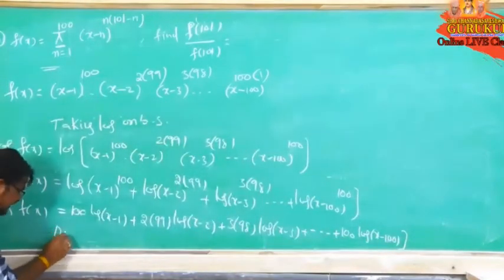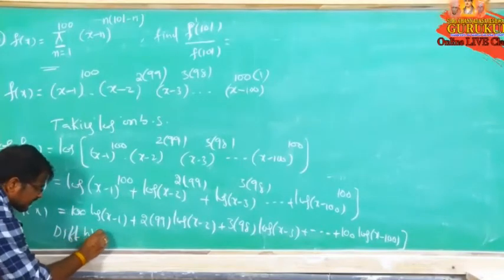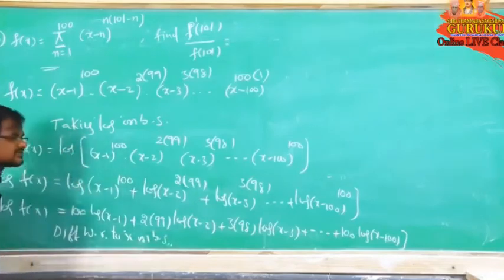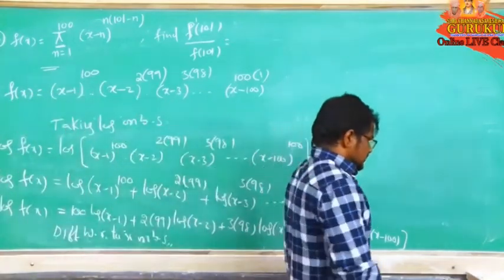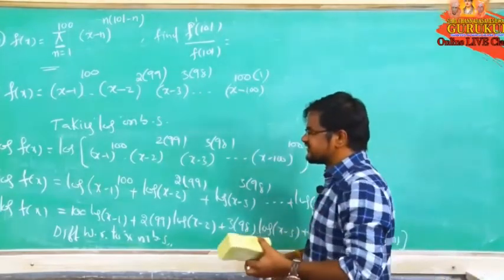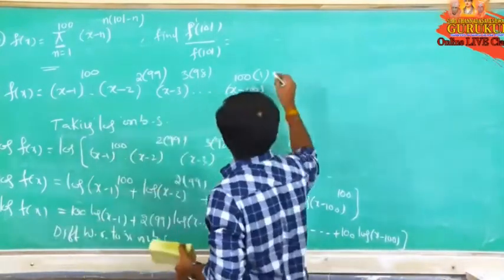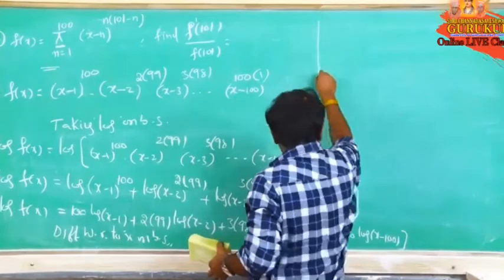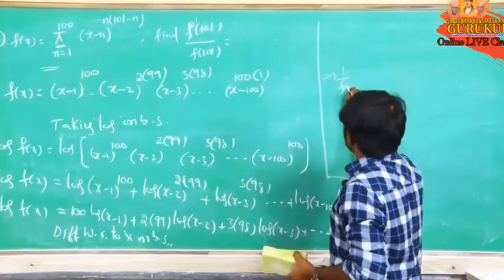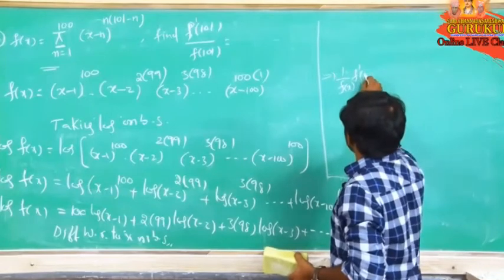Now here, differentiating with respect to x on both the sides. That implies differentiation of log of f of x is 1 by f of x, times differentiation of f of x, which is f dash of x.